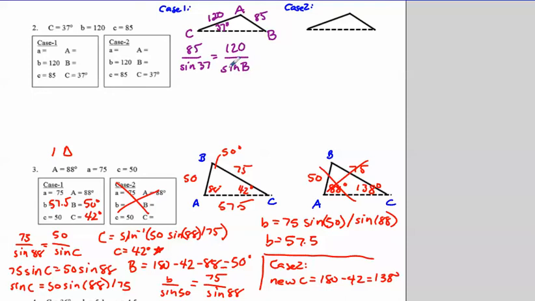I'm going to cross multiply: 85 times sine B equals 120 times sine 37. And then I need to isolate sine B, so I'm going to divide by 85.